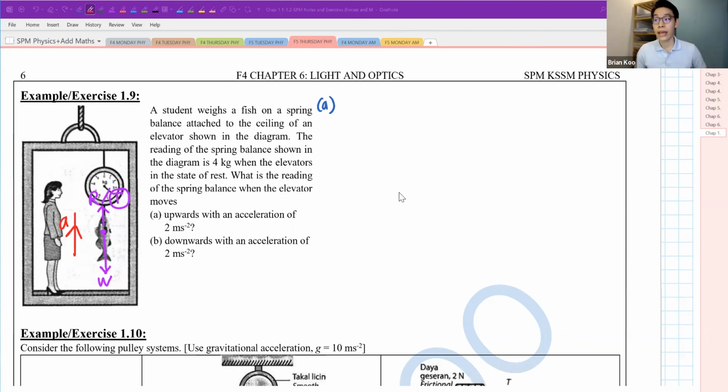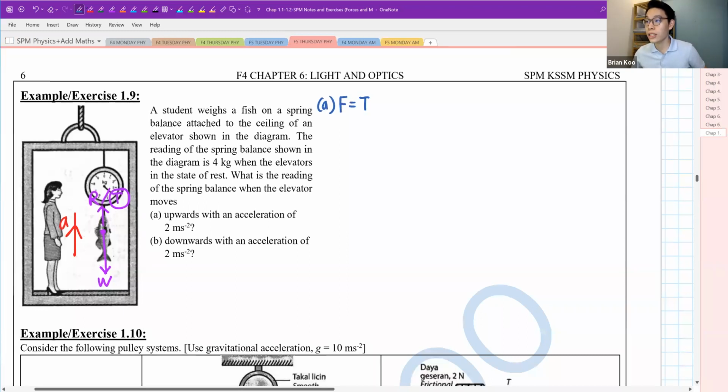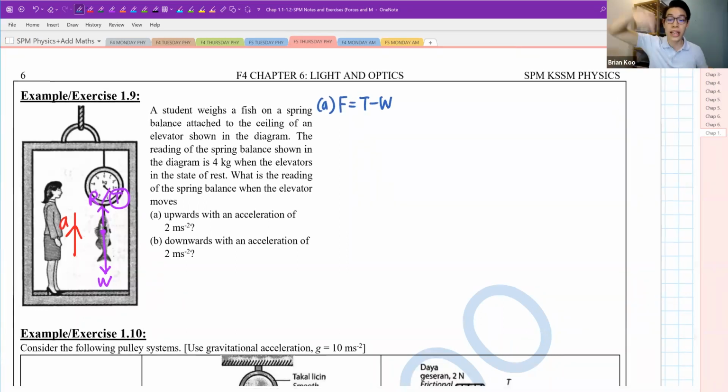Very good, everyone is correct. It is accelerating up, so the T must be stronger. The resultant force is the stronger force minus the weaker force. That's why it can go up. The force pulling it up is stronger. So the resultant force is the strong force minus the weaker force.